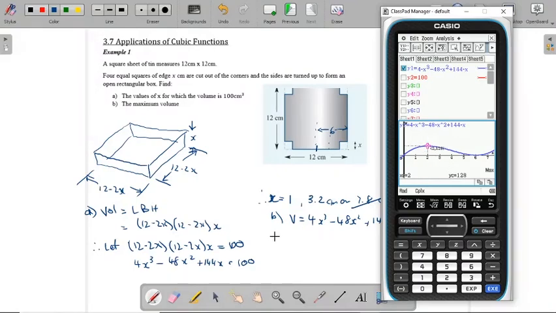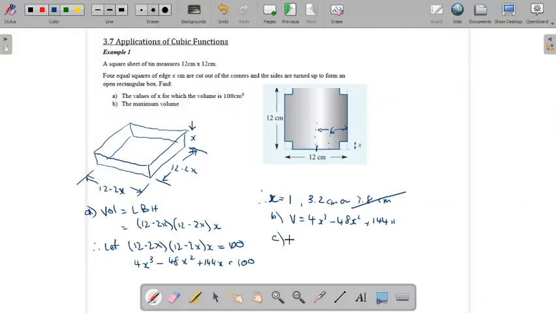So max volume is going to be 128 cubic centimetres, which we can see from the graph. And it might be worthwhile writing down here when x equals 2 centimetres.